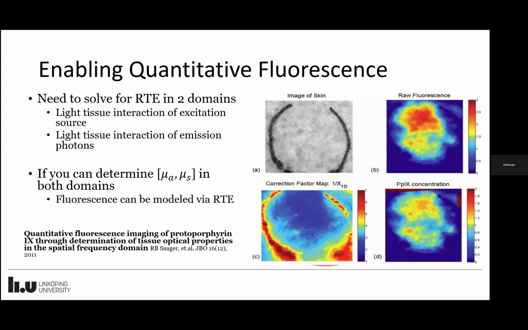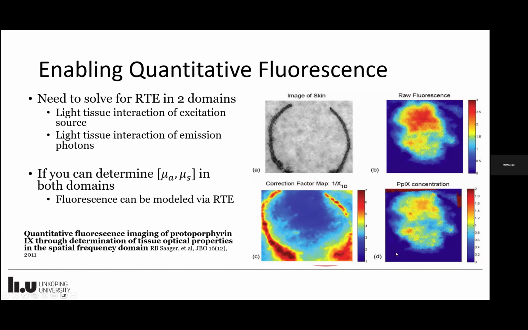And so that's what we did here, where we had topical ALA, so protoporphyrin for photodynamic therapy, applied to the skin. After 7 hours, we could see there's a raw fluorescence signal here, but then also based on the optical properties and this mapping of excitation and emission wavelengths, we have a correction factor.